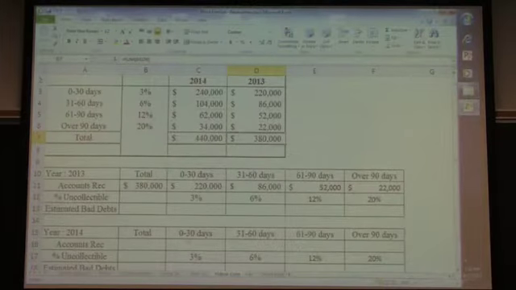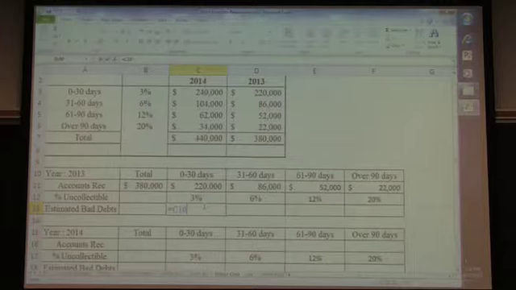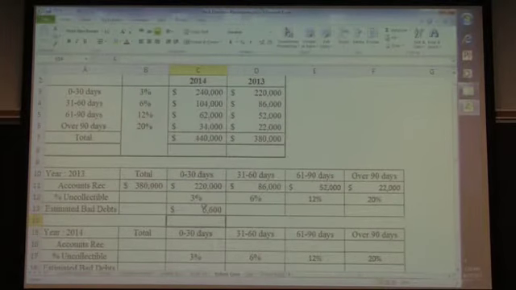Then to calculate my estimated bad debts, I would take the $220,000 that I have in receivables for 0 to 30 days. Currently, I'm estimating a 3% chance I would not be able to collect them. So I'm going to take 220 times 3% to come up with $6,600. And I'll do the same thing for each of those buckets.